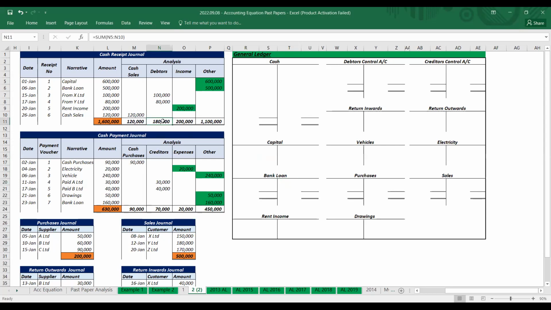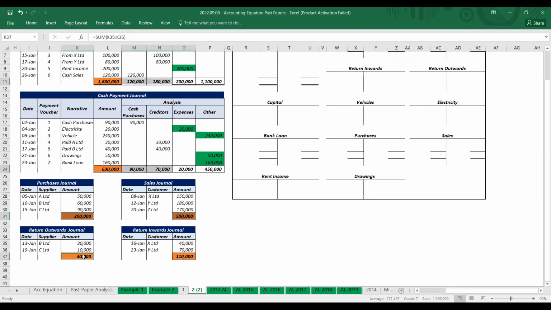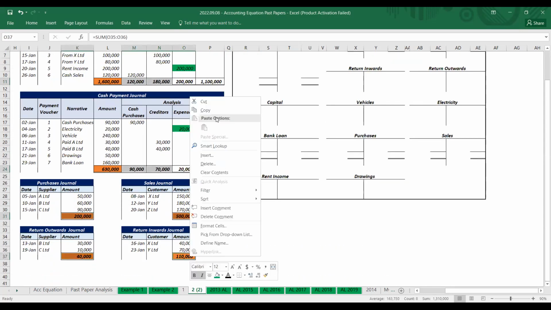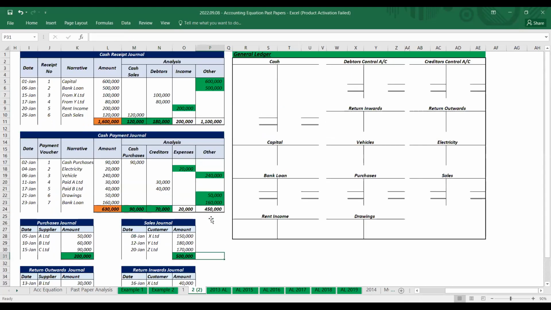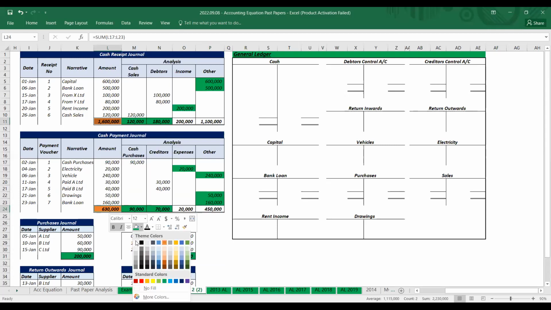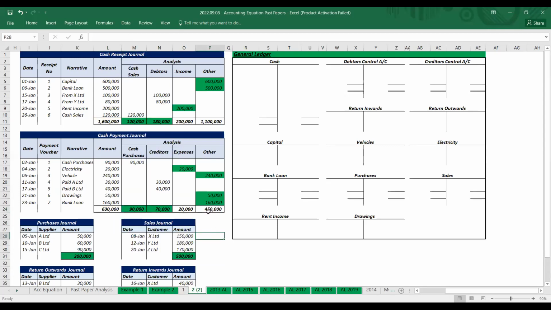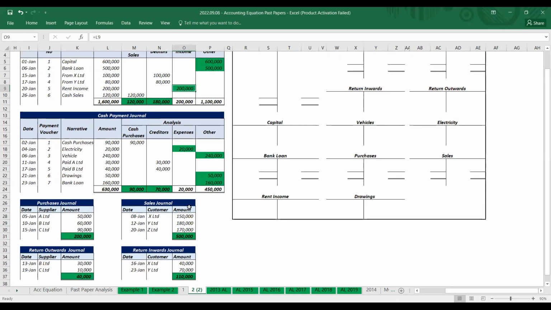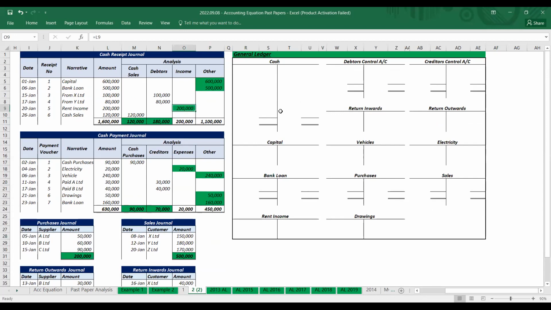Then these amounts you can take the total. What I have highlighted in green color are the amounts that you have to take to the general ledger.